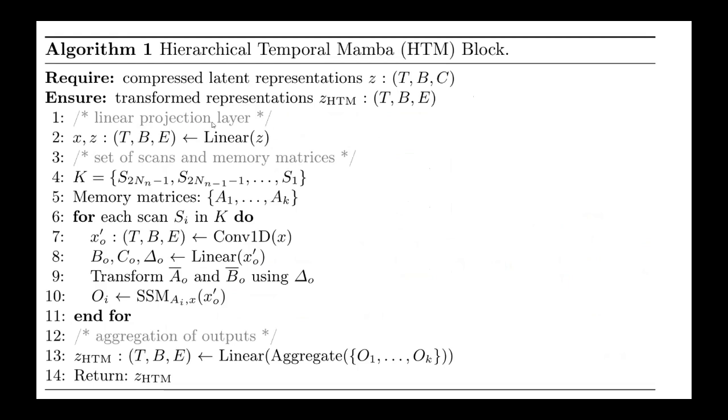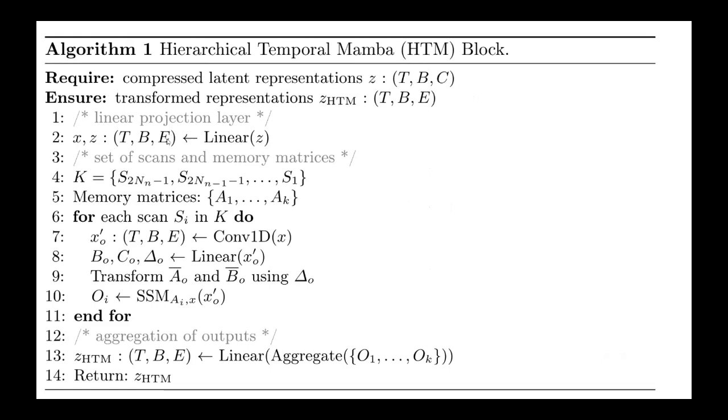So you can see this Z was passed to the linear projection layer, which gives us XZ with dimension TBE. Now what was this TB? T means the temporal dimension, basically the number of frames in the video which we have taken. B is the batch size and C is the channel size.